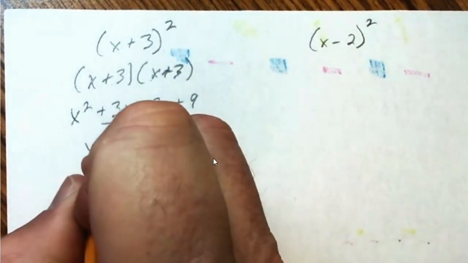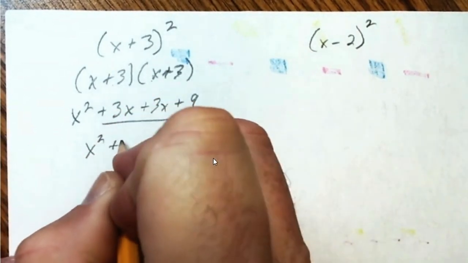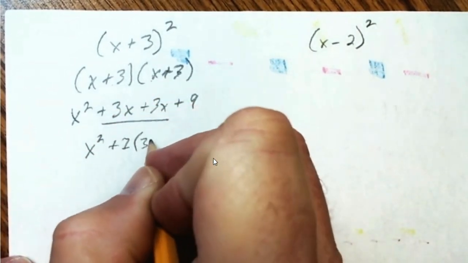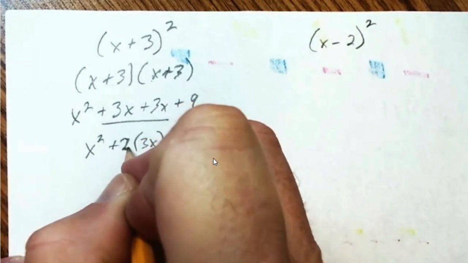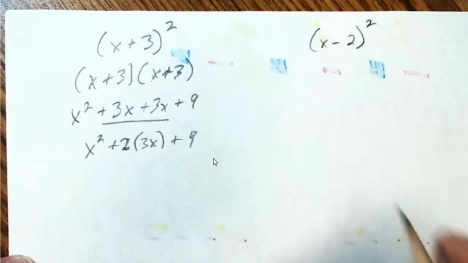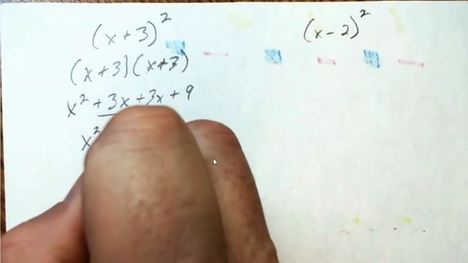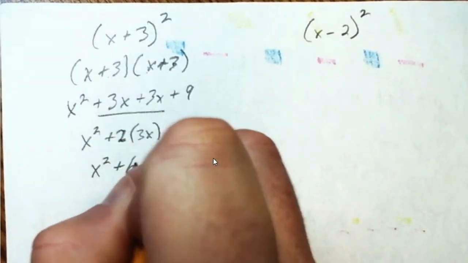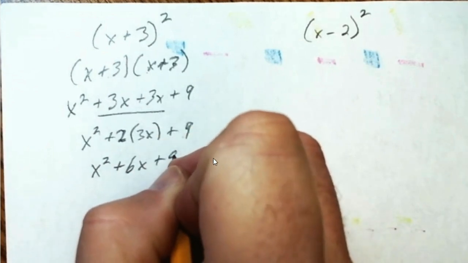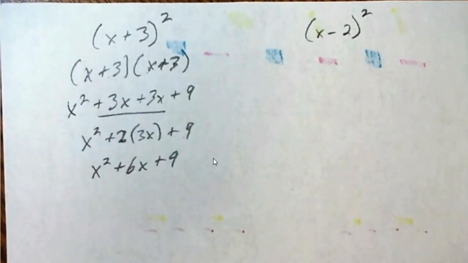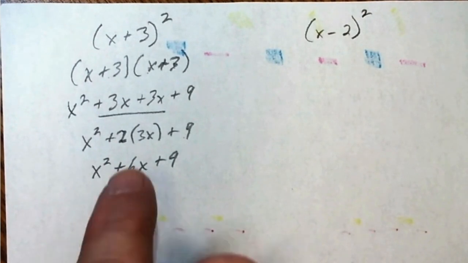We actually have this 2 times 3x, because we have 3x twice, plus 9. And I wrote it that way for a reason. In its simplified form, it's x squared plus 6x plus 9, right? Because it was 3x twice.